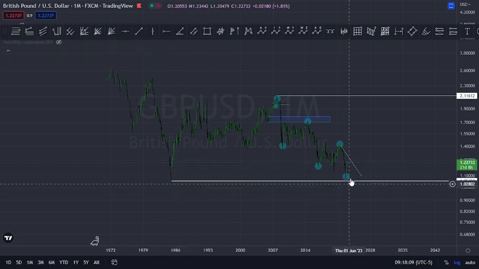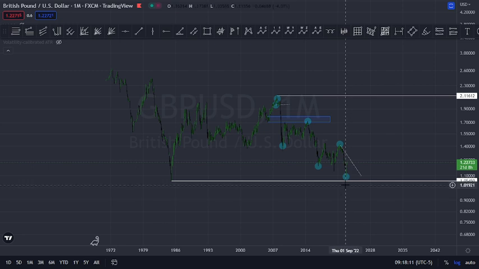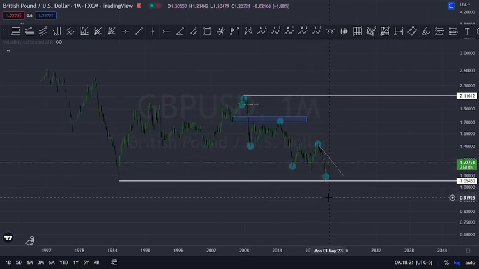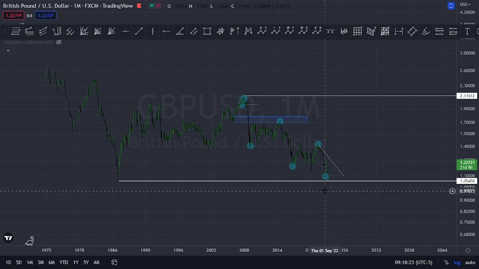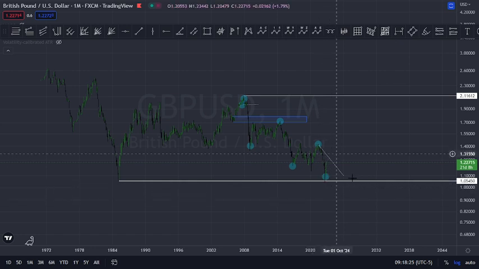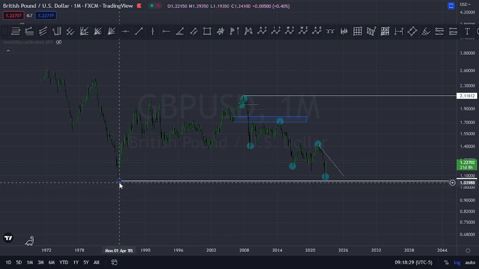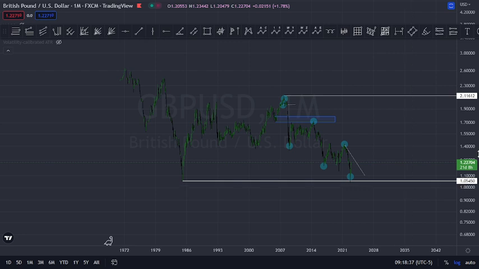Look at this, we made a swing failure pattern here. We took the orders resting here, and this push up was a natural reaction as the orders get triggered. The interesting thing is that we took liquidity from the 85 low, which is very nice.